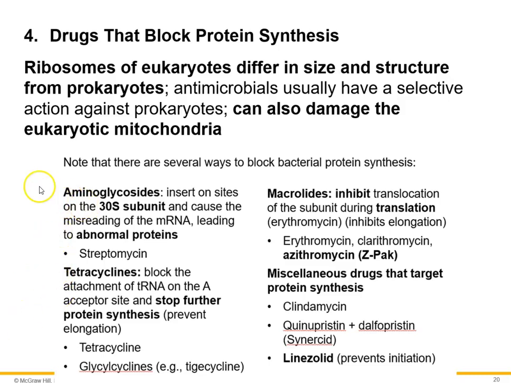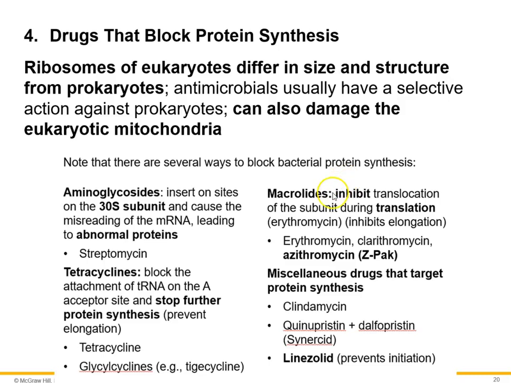All right, so note that there are several ways that we can block bacterial protein synthesis. For example, the aminoglycosides affect the 30S subunit of the bacterial ribosome, and this causes misreading of the mRNA. Tetracyclines, on the other hand, block the attachment of the tRNA molecule to the ribosome and stop protein synthesis that way.